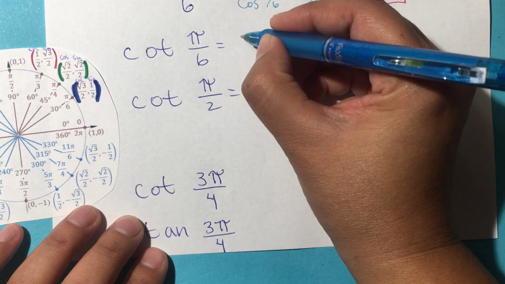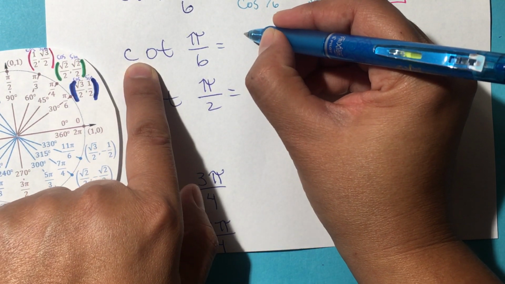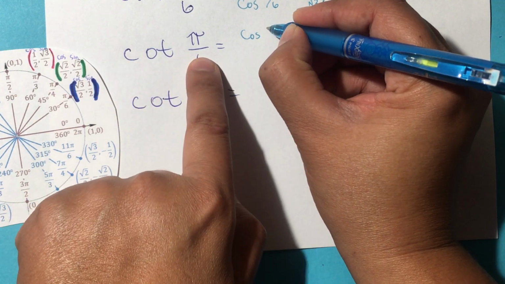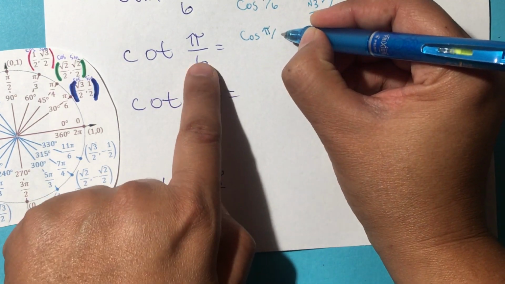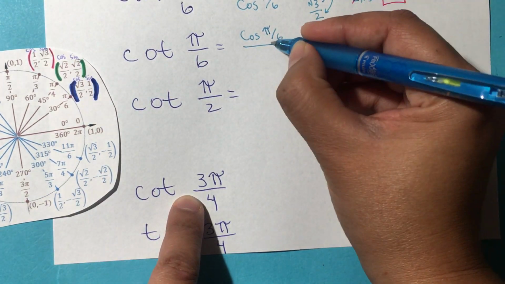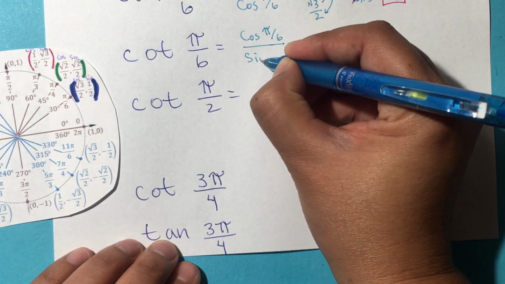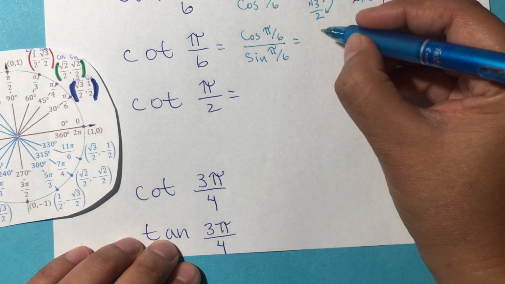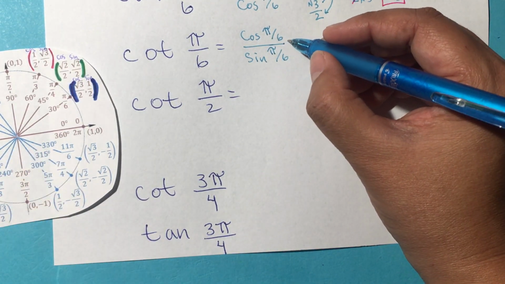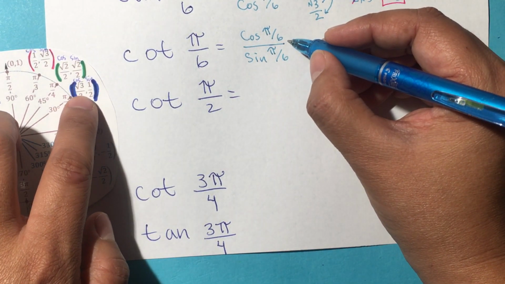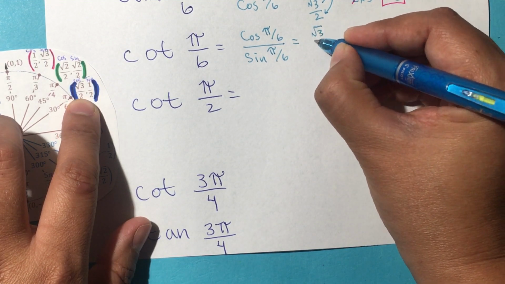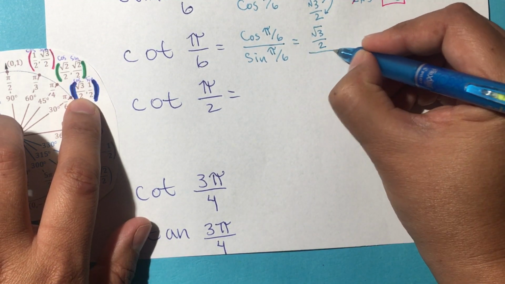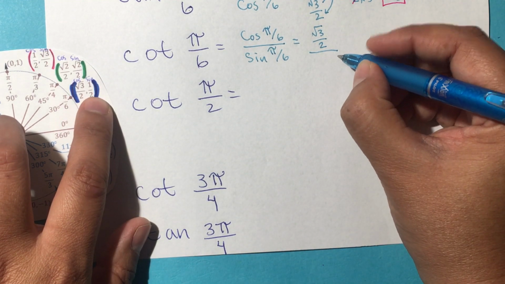The cotangent, again, if it's cotangent, it starts with cosine of that same angle in radians over the sine of that same angle, but in radians. And so the cosine of pi over 6, it's square root of 3 over 2 divided by 1/2.